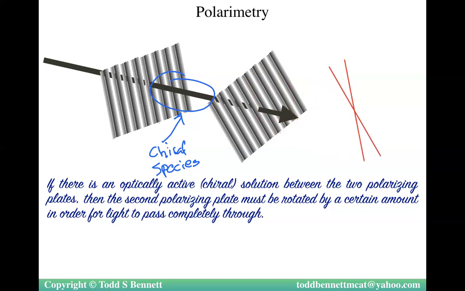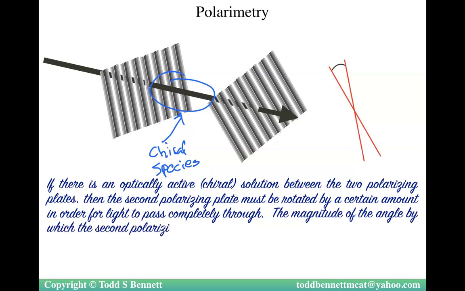The amount that the second polarizing plate had to be rotated for light to get through is called the optical rotation. That is the magnitude of that angle. It is the observed rotation, and we call it alpha.